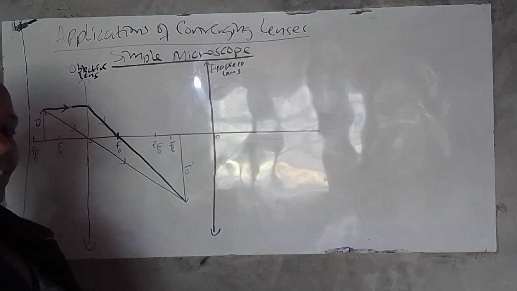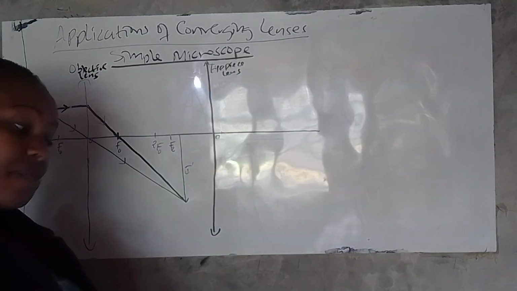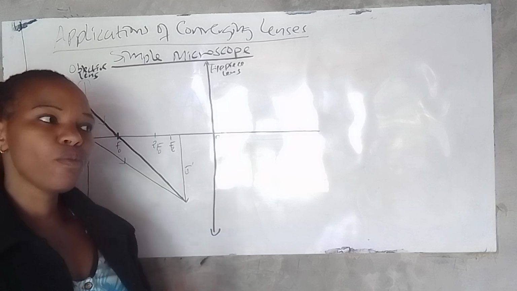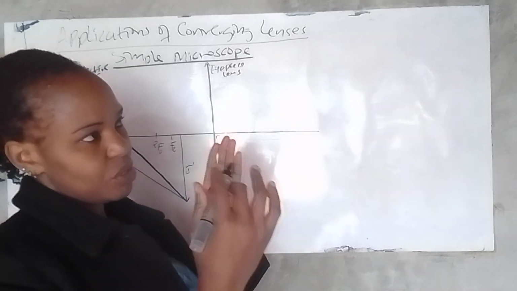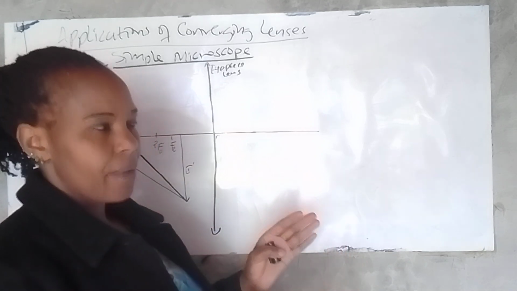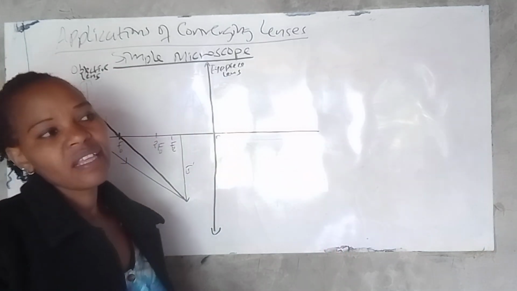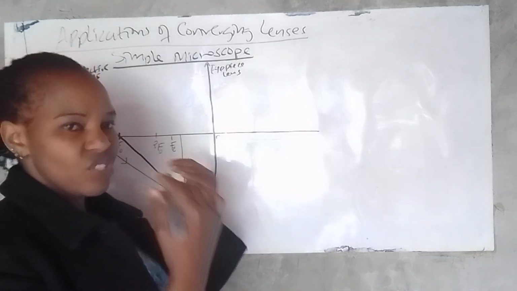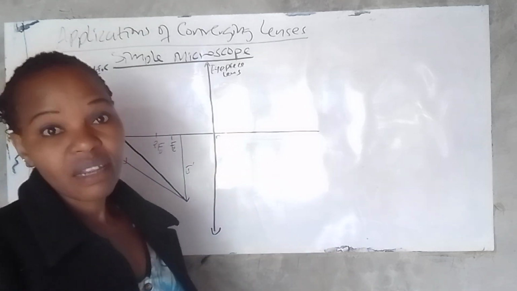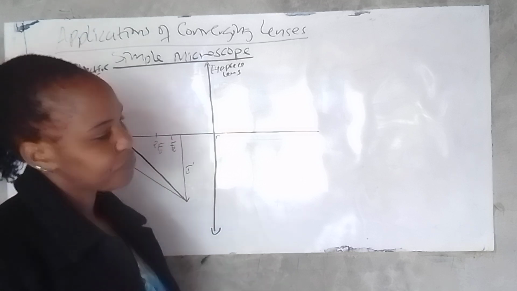We want to form a second magnified image, but the image we want to form this time should be a virtual image. Remember, anytime the object is placed between the optical center and the principal focus, the image always forms on the same side as the object, and it is bigger than the object. It is magnified, only that it is virtual.